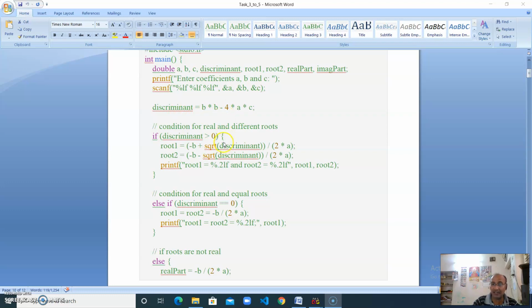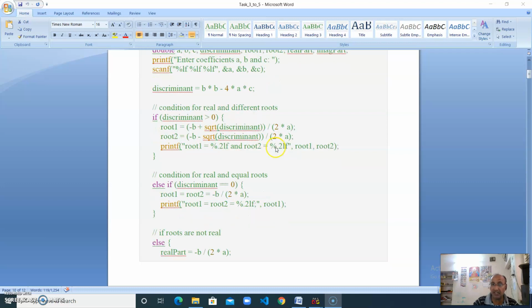If the discriminant is greater than 0, root 1 equals minus b plus square root of discriminant by 2a, and root 2 equals minus b minus square root of discriminant by 2a. Understood? If the discriminant equals 0, root 1 and root 2 equal minus b by 2a.